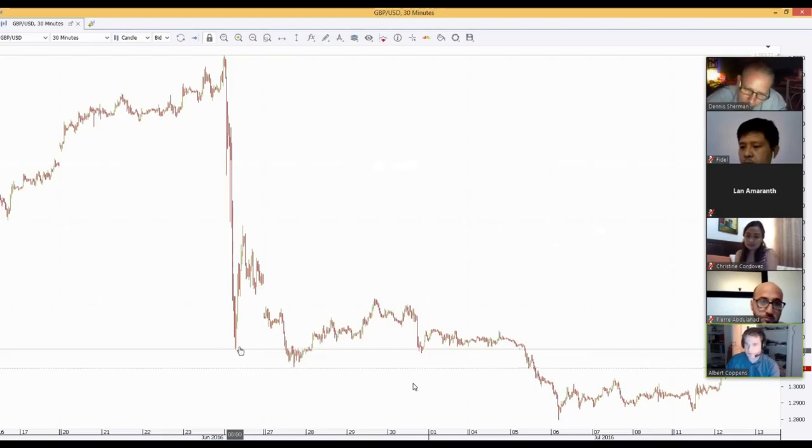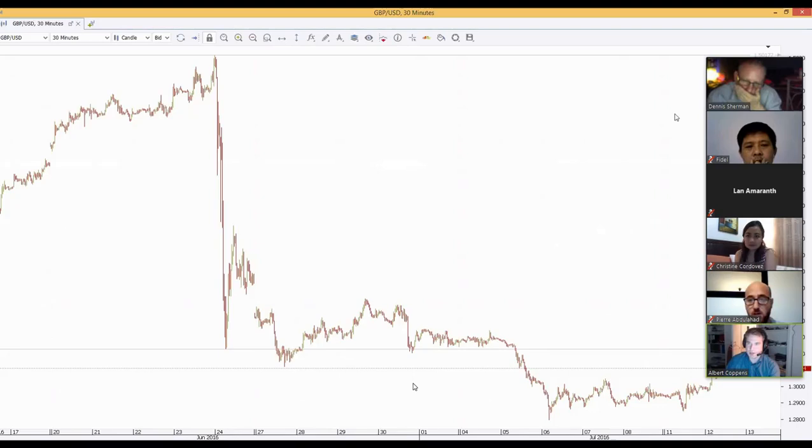So from that point we found major support, and the pound came all the way up to this level, which is almost 800 pips, right?